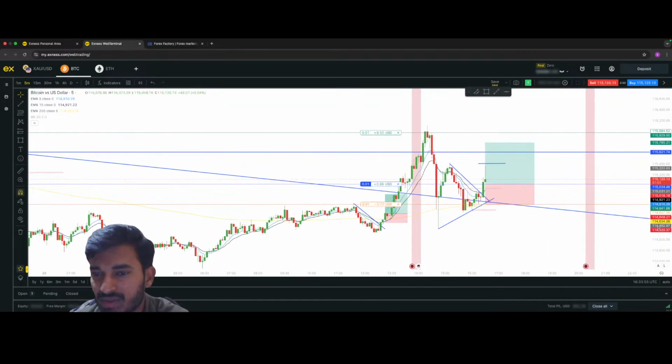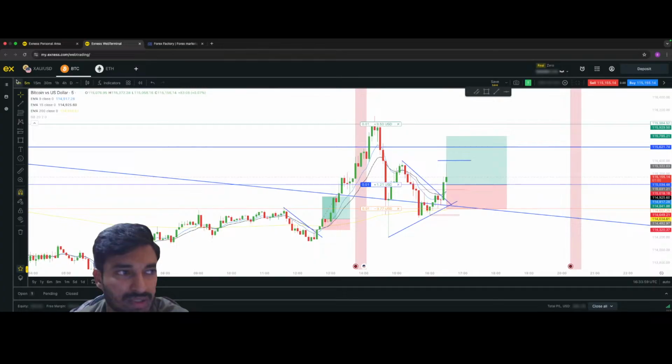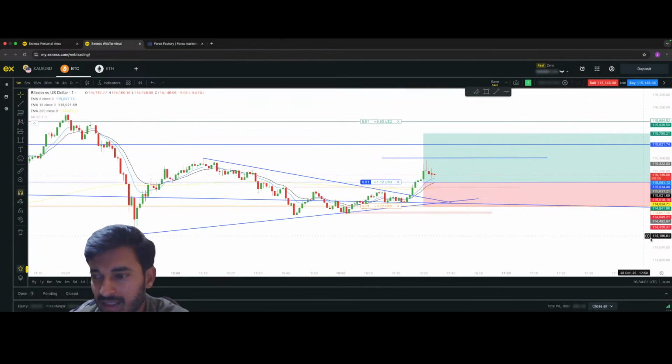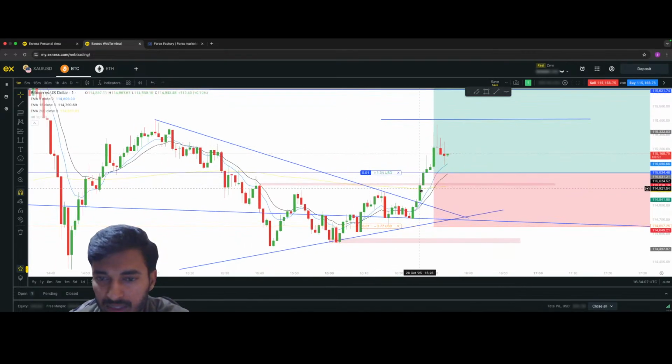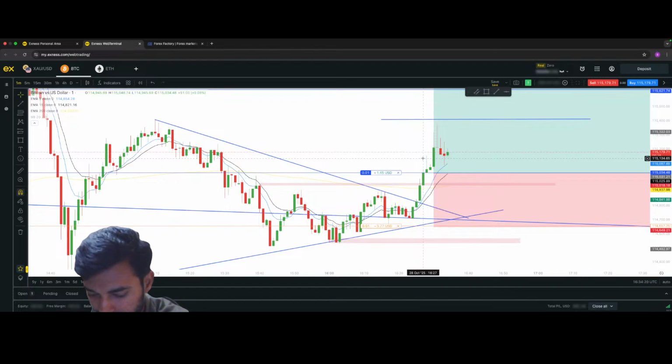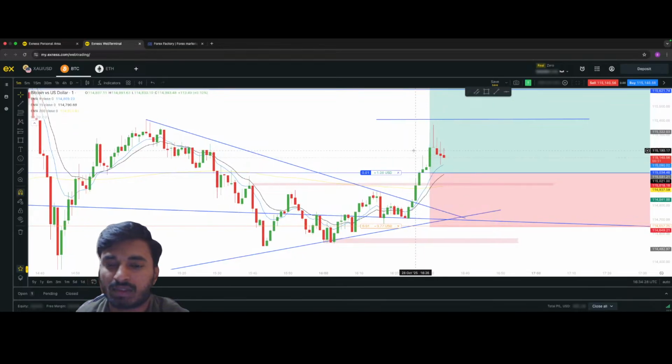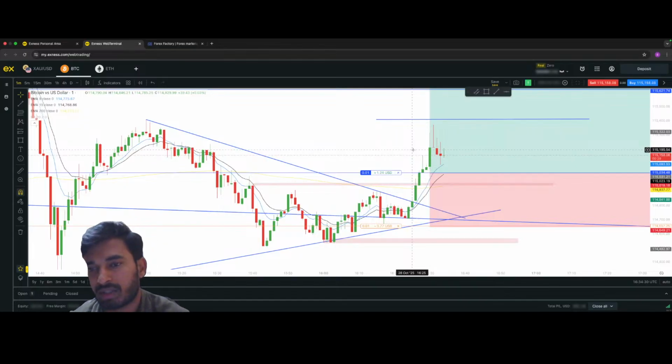See in 5 minutes also, it has given a good breakout, but you can see this candle, there is a selling pressure over here, but it is trading above 9 and 15 EMA. If 9 and 15 EMA take support, then it might go bullish. There are so many sellers over here. Sellers are dominating.